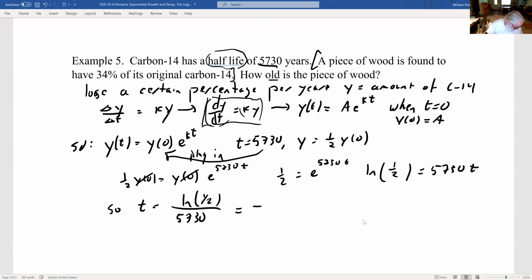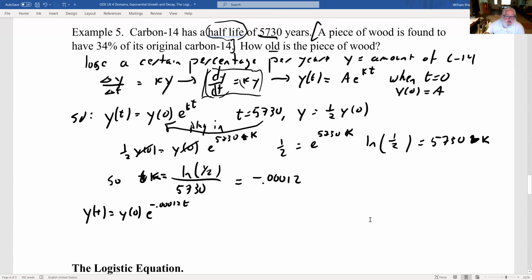And that's about minus 0.00012. I had put in t, so these should all be k's here. I apologize for that. k equals that. So that tells us that the amount that we have is the initial amount times e to the minus 0.00012 times t.